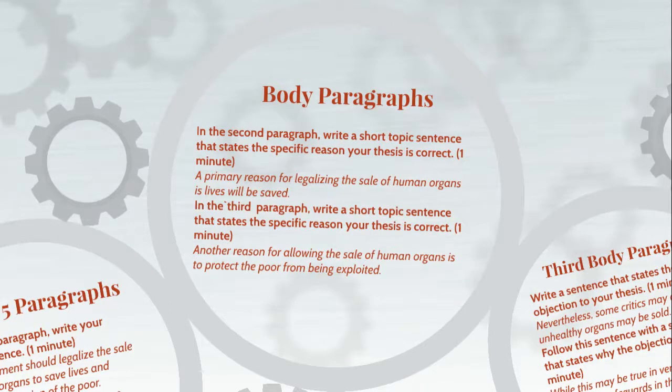Then go to your 3rd paragraph and write a short topic sentence that states your 2nd specific reason why your thesis is correct. Use a word like another, in addition, furthermore. Okay? Another reason for allowing the sale of human organs is to protect the poor from being exploited.